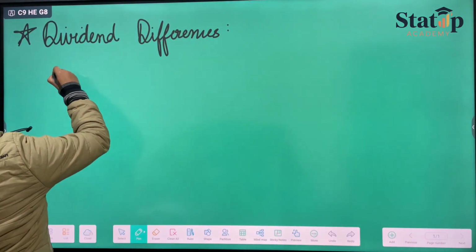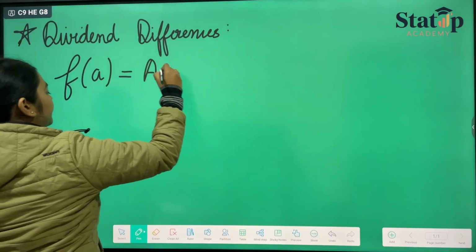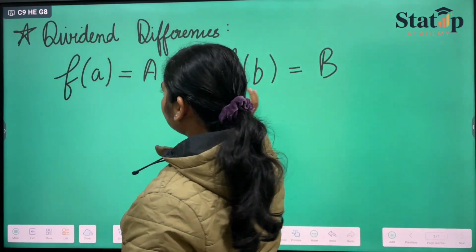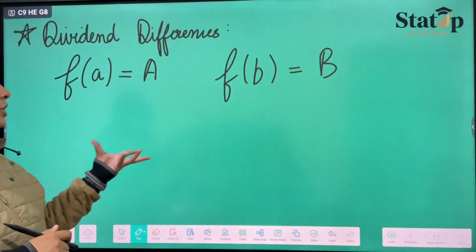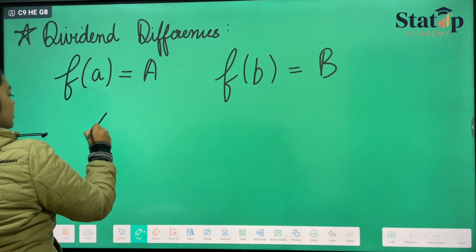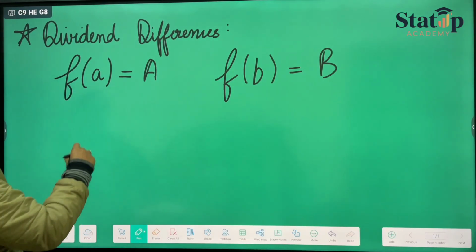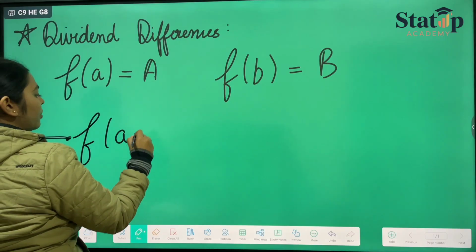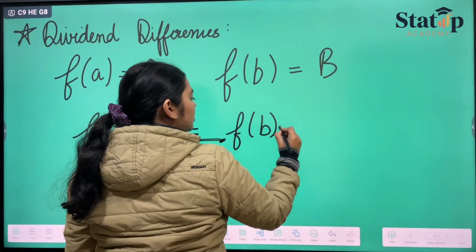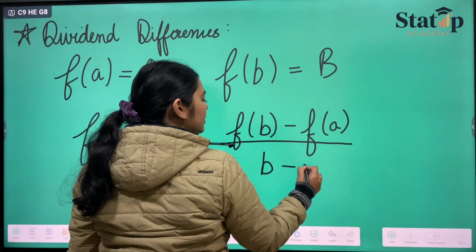Suppose we have two functions, f(a) as capital A and f(b) as capital B. So the divided difference of both the functions, suppose I am writing it, is denoted by delta, or we can simply write it as f(a, b). Then this would be f(b), the second function, minus f(a), upon b minus a.